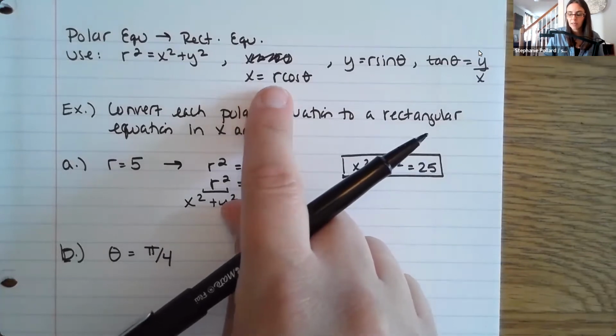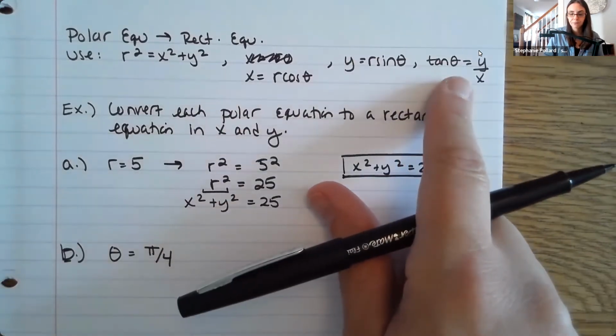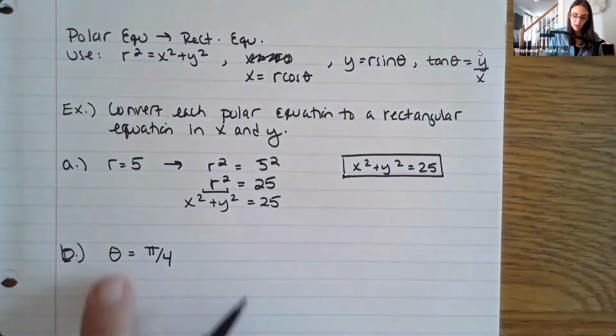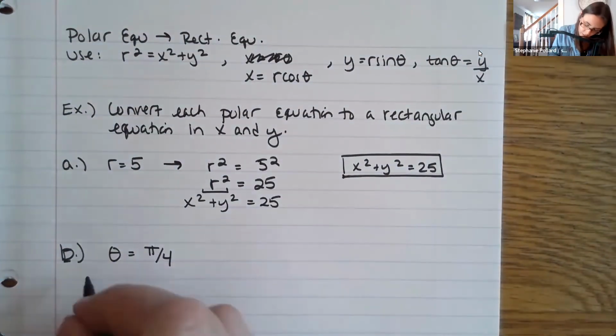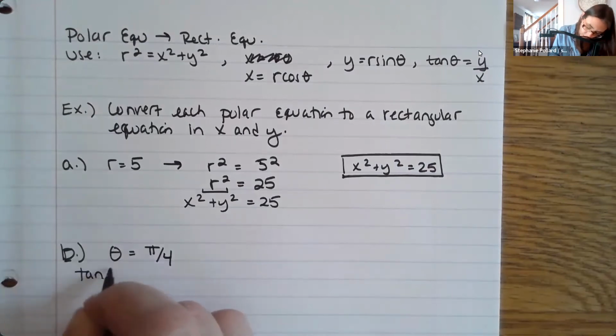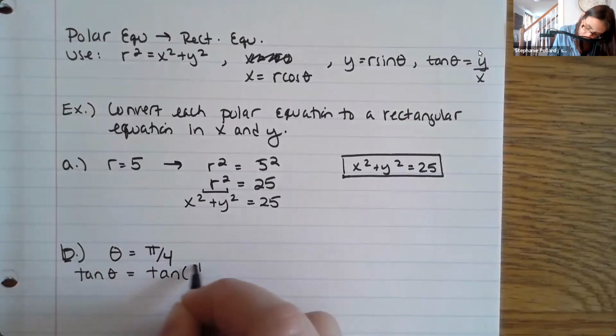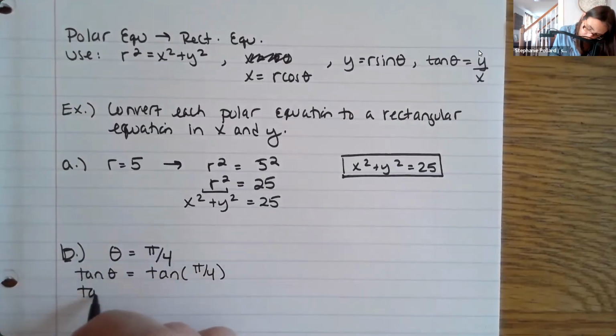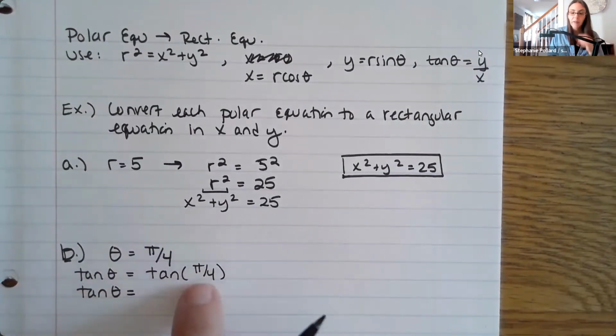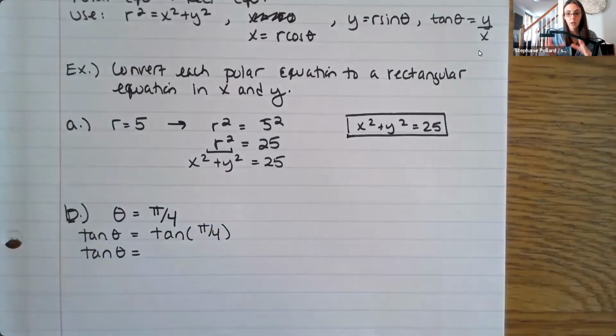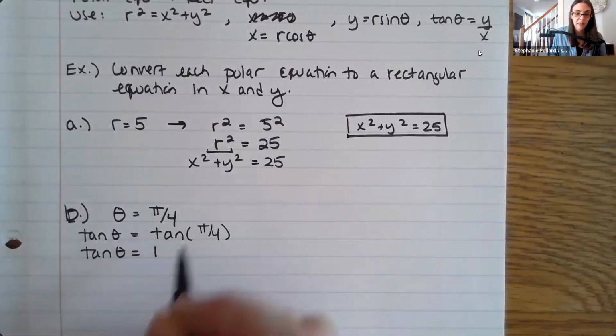So I think my best bet is to use tangent theta. So what I can do here is take the tangent of both sides. Now, pi over 4 is that 45-degree angle. Tangent of pi over 4 is one that we do know. It's the value of just 1. So we are able to simplify this.